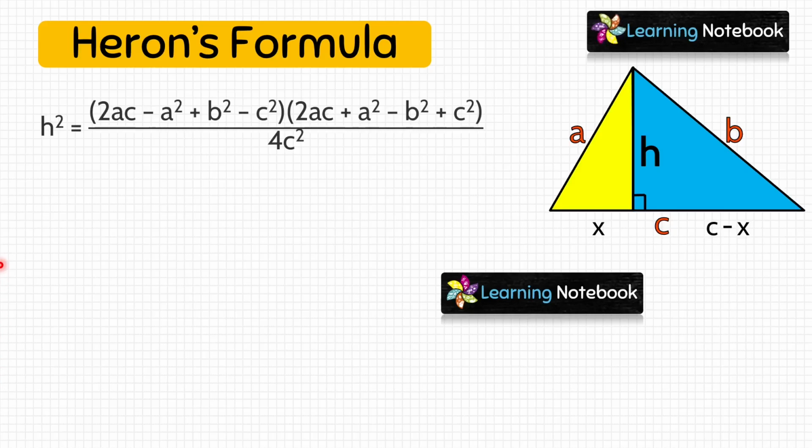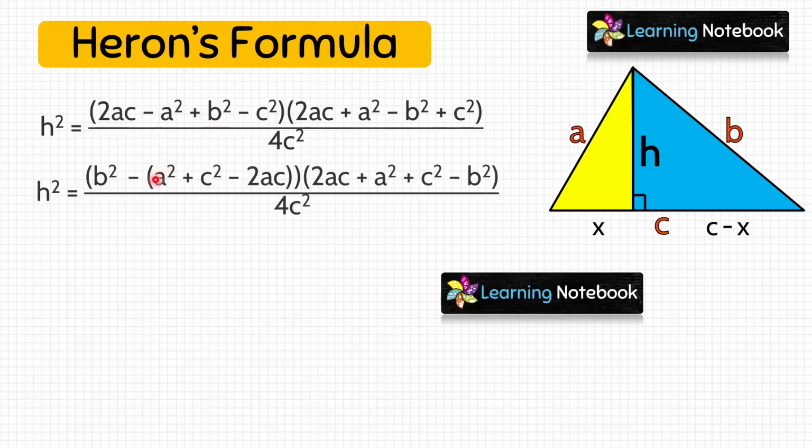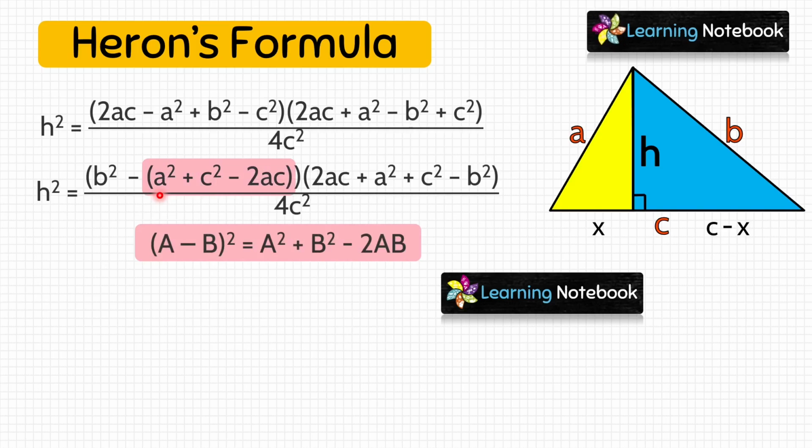Then in the next step, let's rearrange the terms as shown here. Now students, look at this highlighted term. It is in the form of a square plus b square minus 2ab. So we can write it as a minus b whole square.